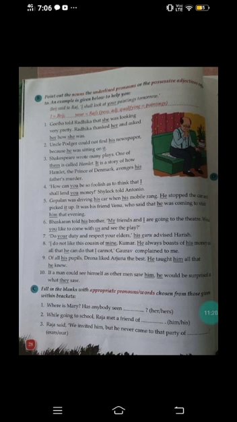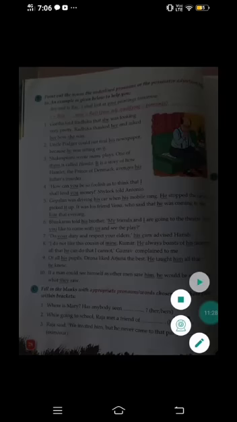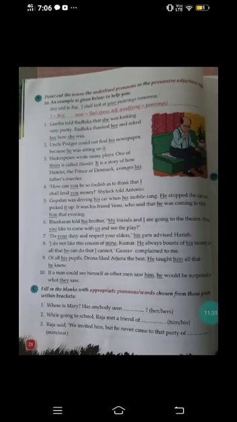What is the noun here? Bridge, Raj, paintings. Bridge and Raj both are names of a person. Paintings is a thing, right? So these three are nouns.